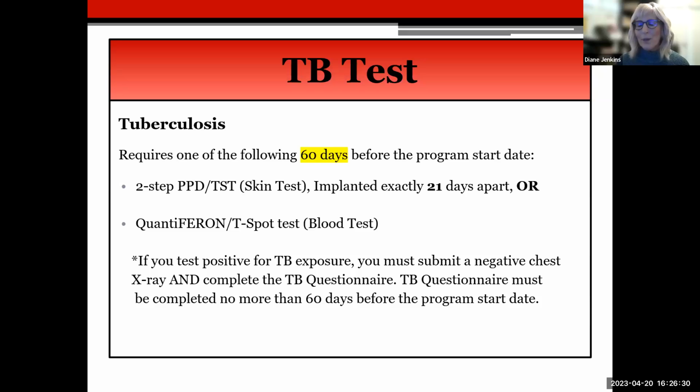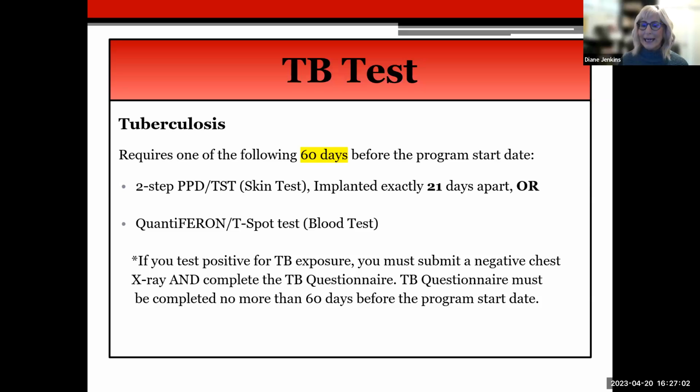Most of you have probably had a TB skin test where they injected the PPD into your skin. You went back to the place where you received the skin test, anywhere between 48 to 72 hours later, and you were done. But a 2-step PPD test is actually 2 complete tests. You would have your TB skin test and go back to that facility within the next 48 to 72 hours.